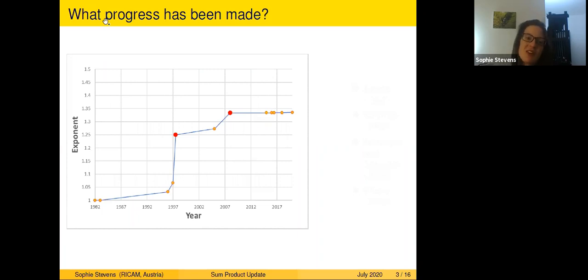So the other thing that I'd like you to notice is that in what's happened here, there's two major leaps. Now these leaps I've drawn them in red, slightly bigger, and they represent two fundamentally new ideas in the sum product problem.